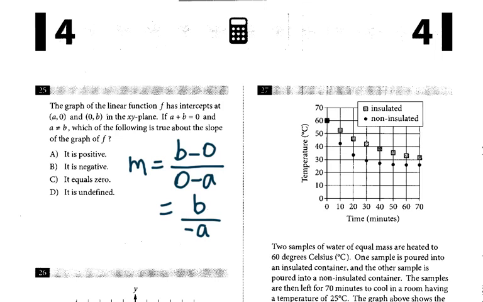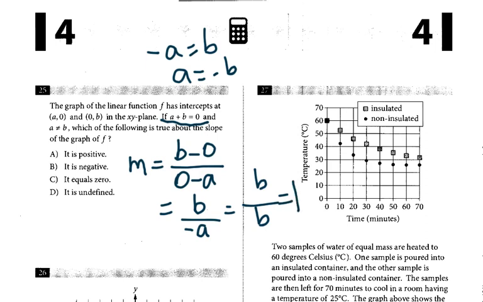And since a plus b equals 0, a will be equal to negative b. So in other words, negative a equals b. I plug in, I will get b over b, negative a equals b, so it equals 1. That's why a is positive.